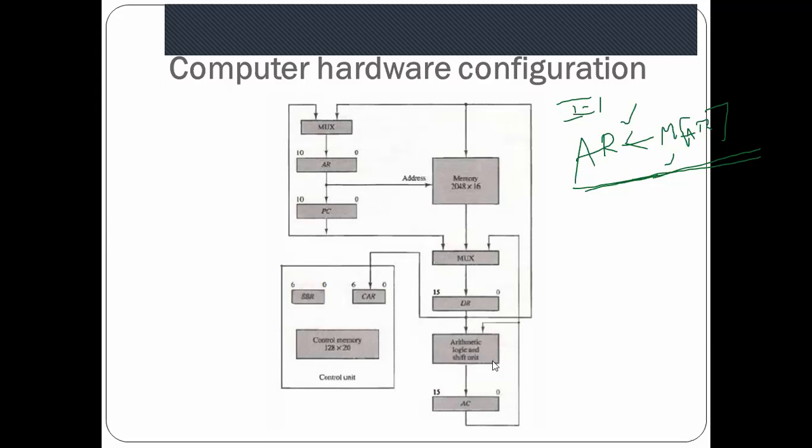These are the other registers and memory available, and this is the control unit, which is responsible for generating the control signals. So that's all about microprogram control organization, address sequencing, and the microinstruction part.